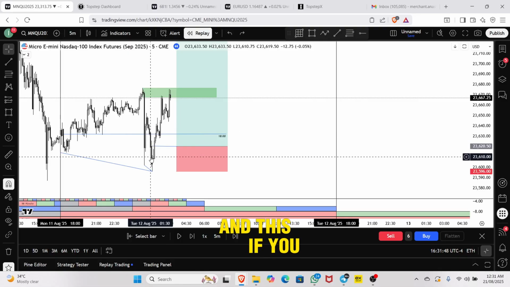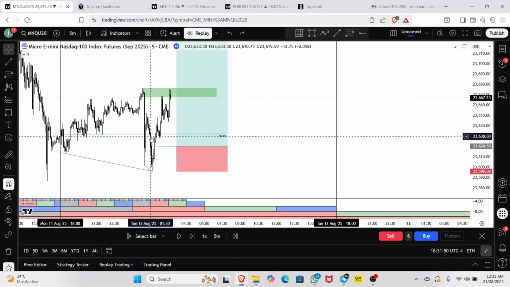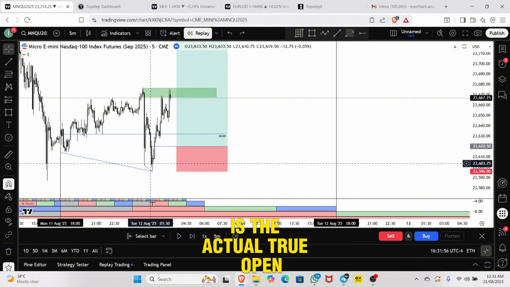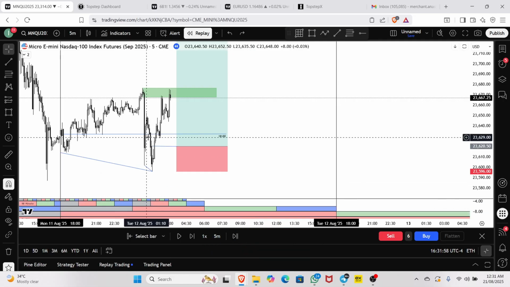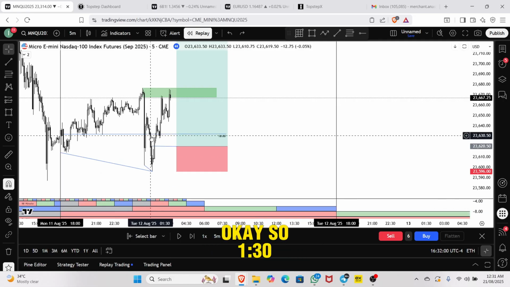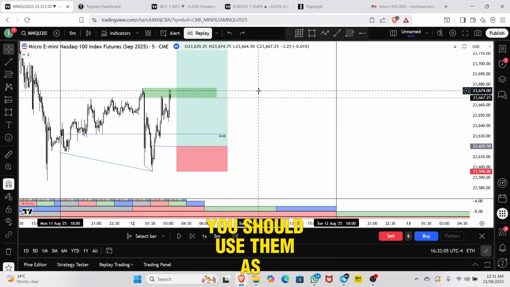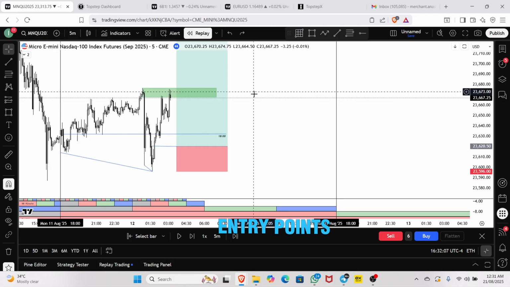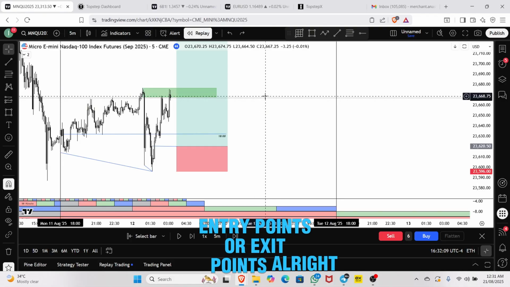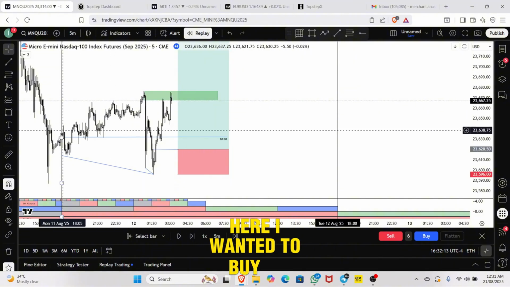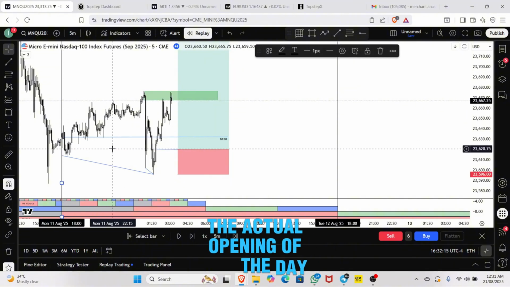And this candle is the actual true open of the London session. So 1:30, 7:30, they are important candles. You should use them as your entry points or exit points. But here the idea was different for me. Here I wanted to buy below the actual opening of the day.